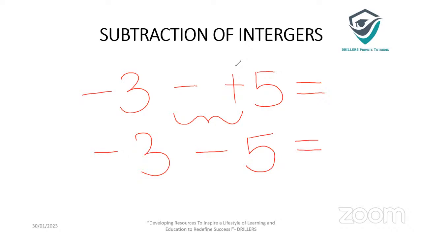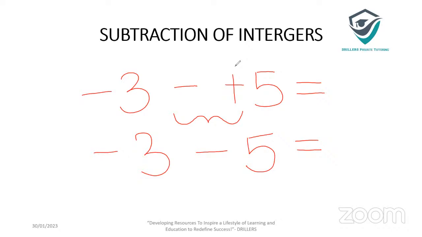So now we've altered the question to make it easier for us to do. Instead of having those two signs in between to confuse us, we've replaced it with just subtraction.